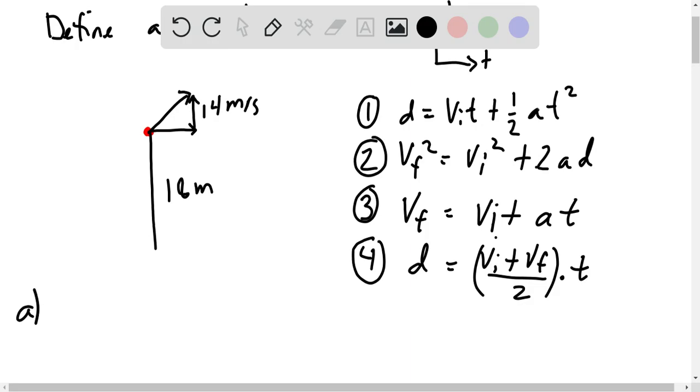So we have, I'm just going to rewrite it, vf squared equals vi squared plus 2ad.